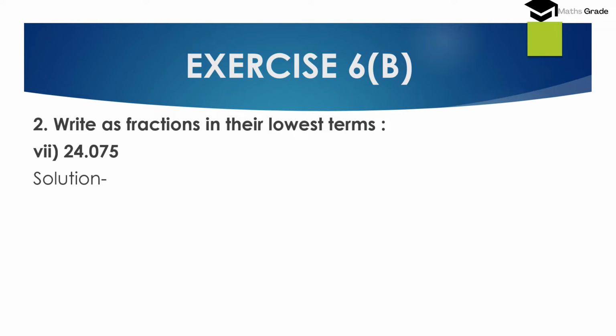Now question number seventh part, 24.075. We have to write this decimal as a fraction in its lowest terms. 24.075, we can write that as 24 plus 0.075.